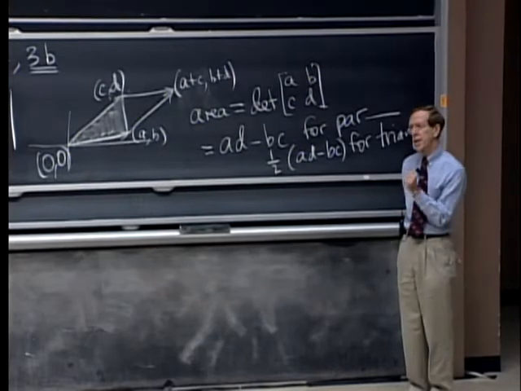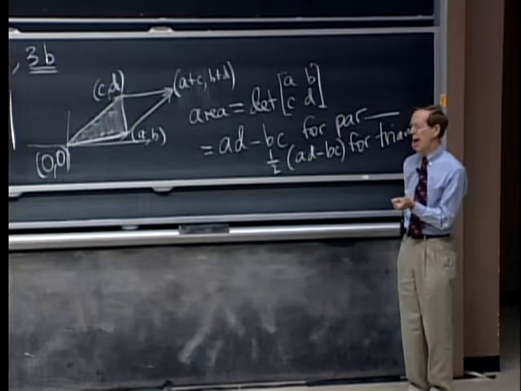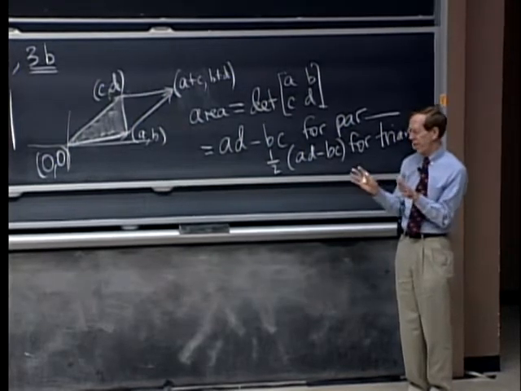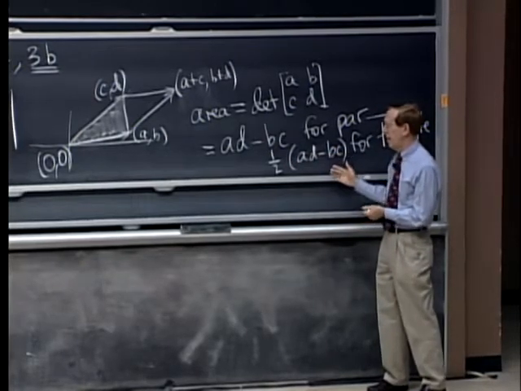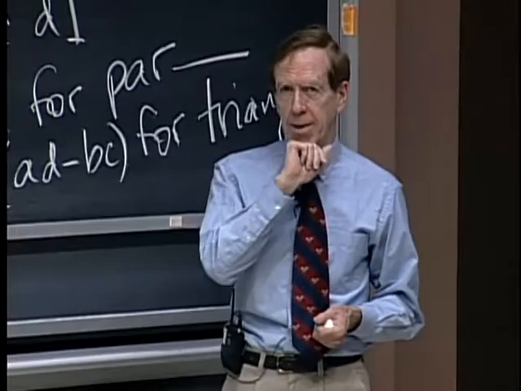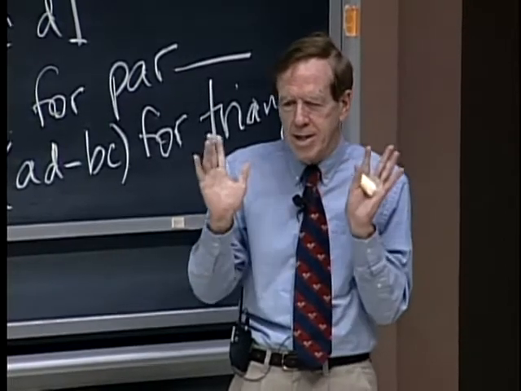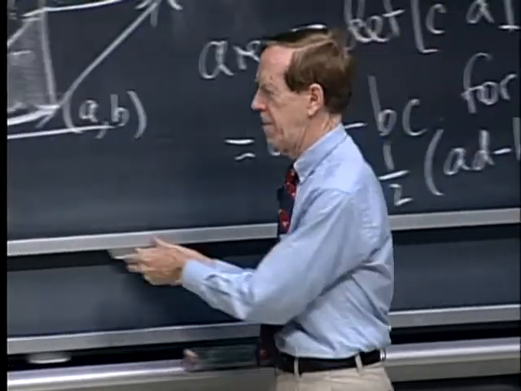But you more often see triangles and you feel you know the formula for the area, but the good formula for the area is this one. And I'm just going to say one more thing about the area of a triangle. It's just because it's so great to have a good formula for something.